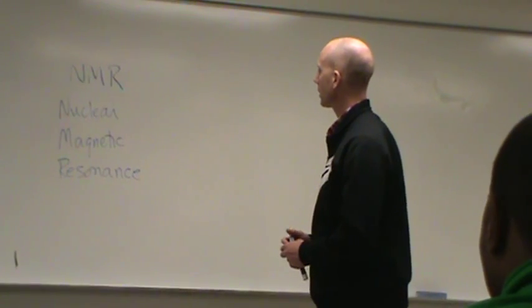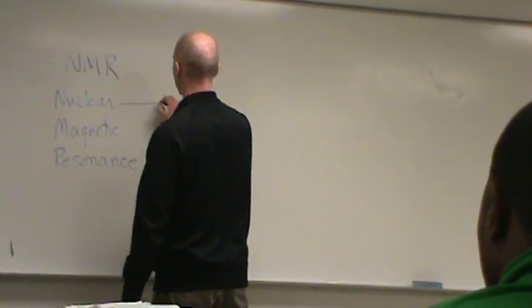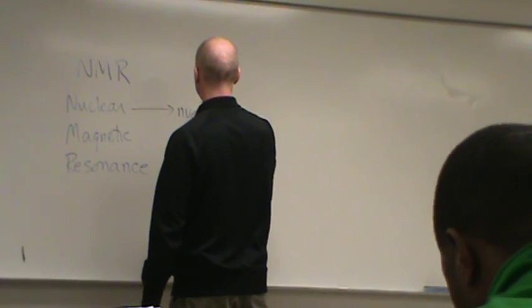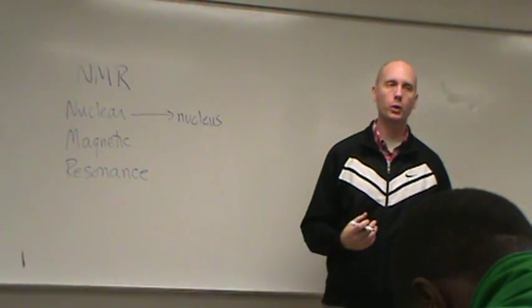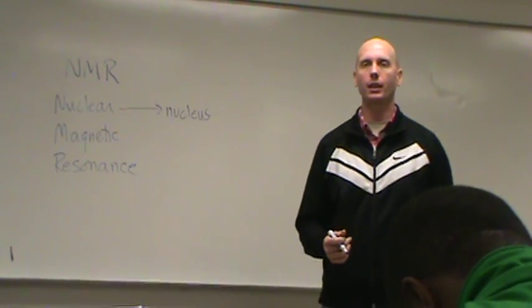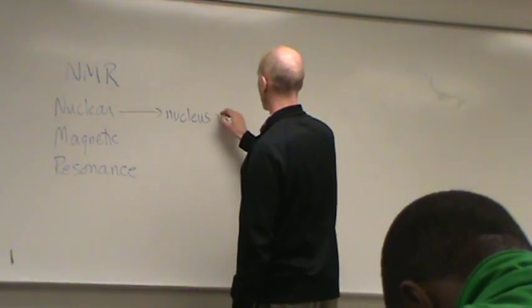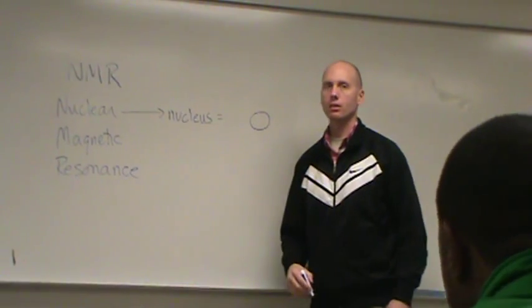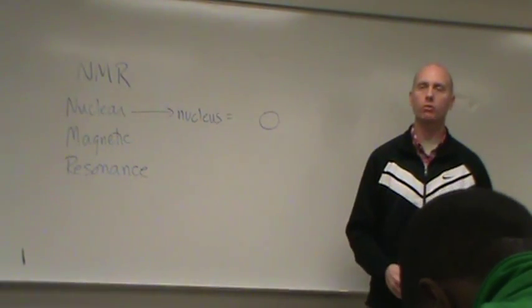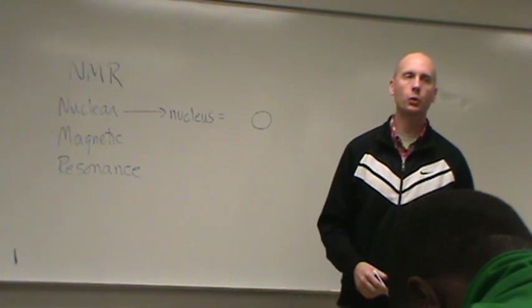So let's go ahead and take a look at the nucleus. Remember, the nucleus is the inner part of the atom. Let's suppose we drew that like that there, just a circle. Do you remember what's inside the nucleus?